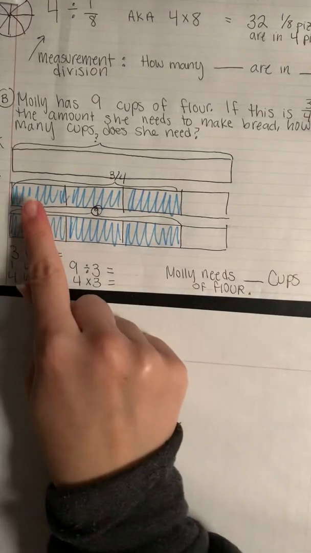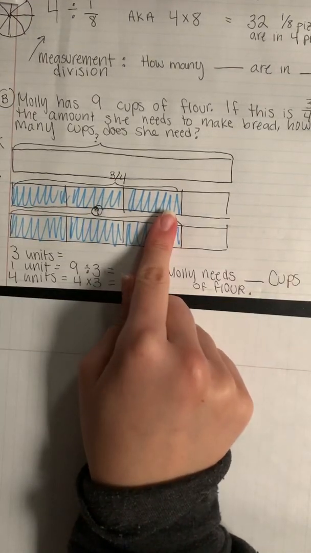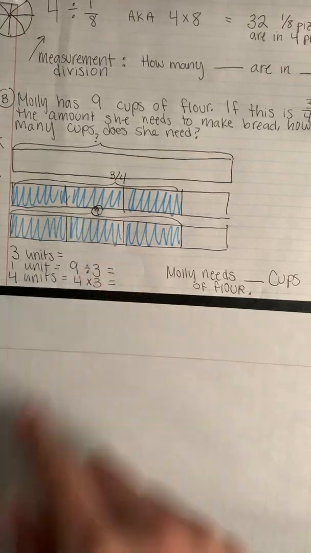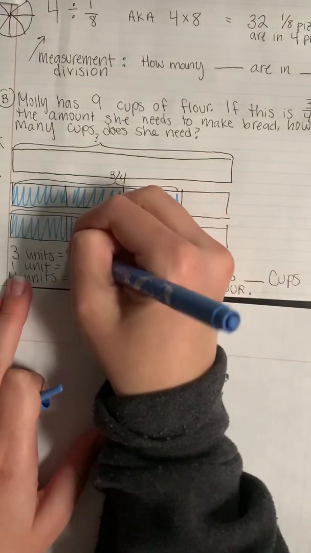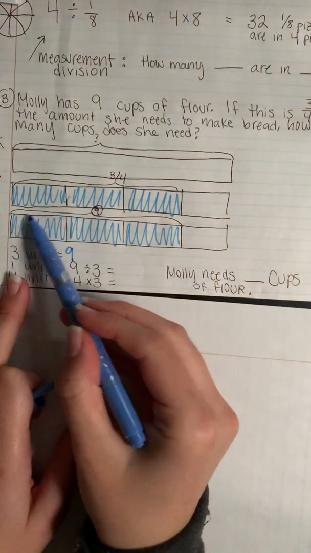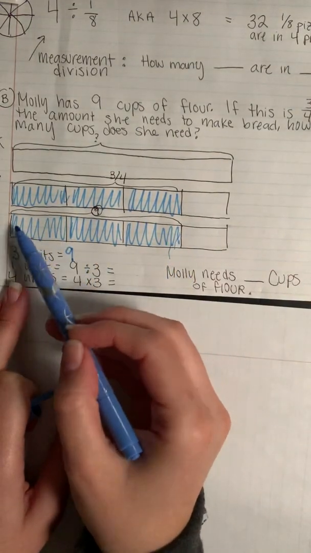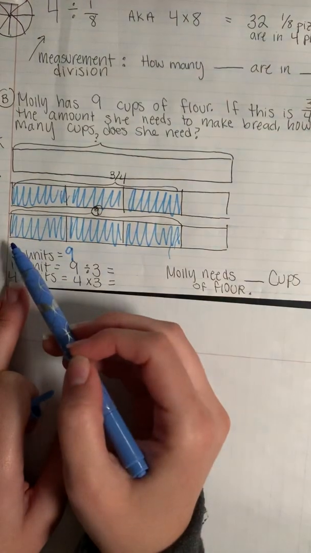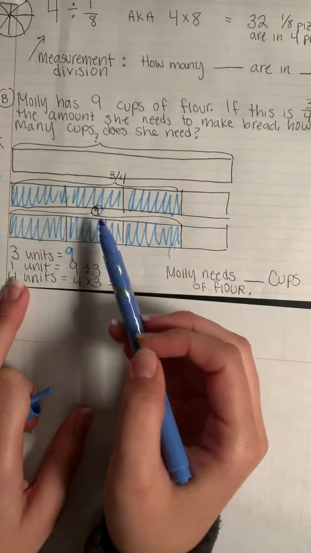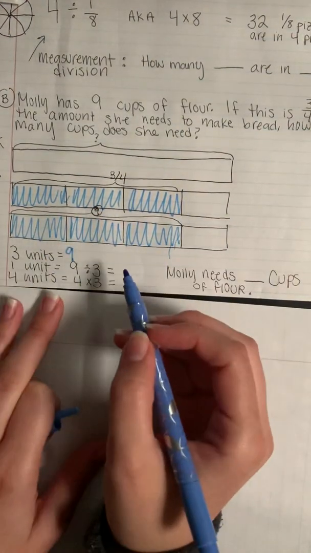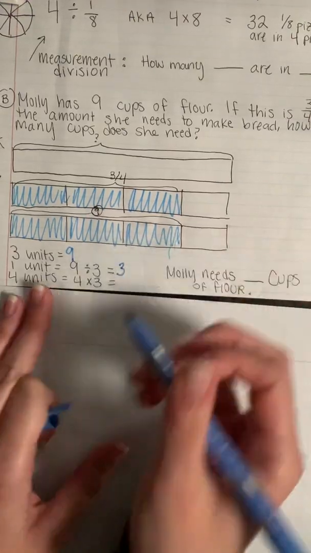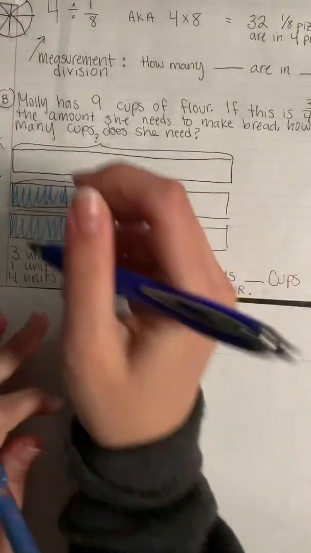So I know that 3 of these units are equal to 9 cups. This whole blue chunk is worth 9 cups. So if I wanted to find out how much 1 of these units is worth, I could do 9 divided by 3 is equal to 3. So now I know that 1 unit is worth 3 cups.